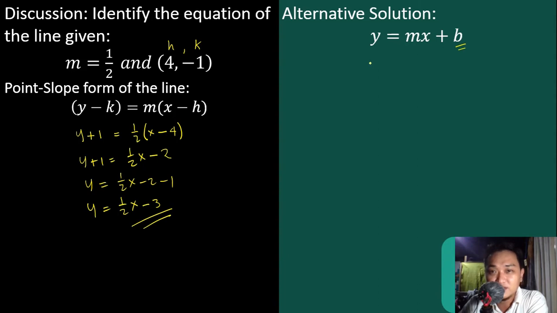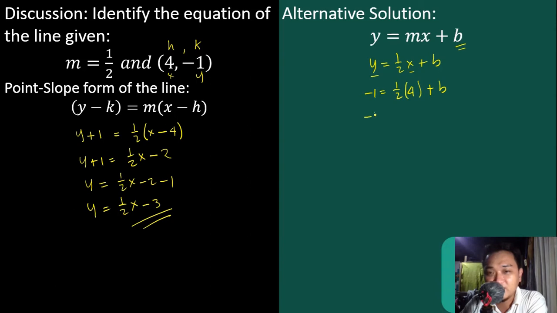So that is the same as y is equivalent to 1/2 x plus b, and then let us substitute the value for x and y. Here, this is x, the abscissa, this is our y, the ordinate. So negative 1 is equivalent to 1/2 times 4 plus b. There you go.